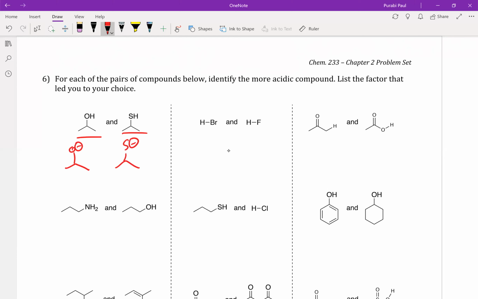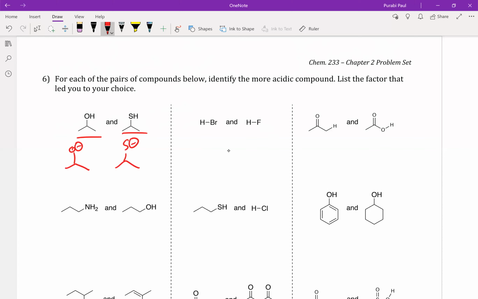But the trick is you should get used to just imagining the conjugate base in your head without having to draw it out. So if you take away the H from the alcohol, it becomes O minus. If you take away the H from the thiol, it becomes S minus. So which one do you think is more stable, O minus or S minus?